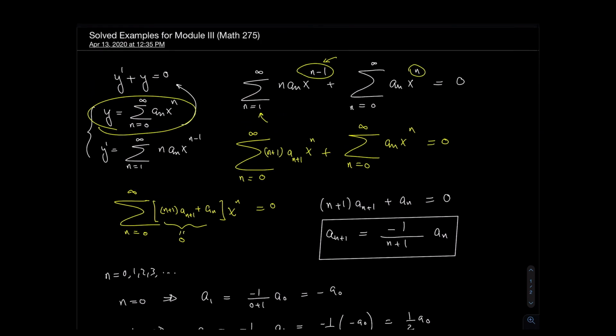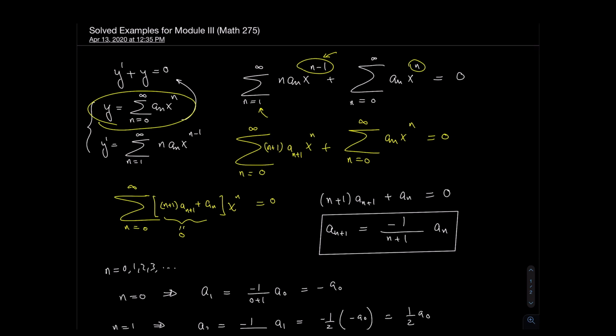Now, mind you, you could have solved this differential equation just using the separation of variables, the separable differential equation. I give you this example so you could solve this using the methods you learned in the previous modules, and then see how it's solved with the power series form.